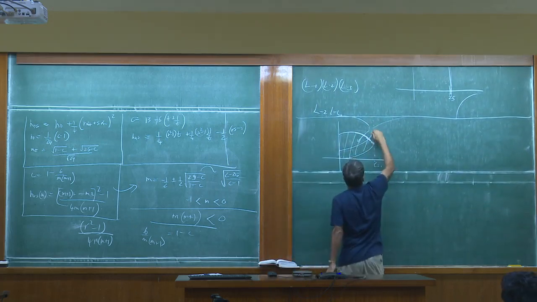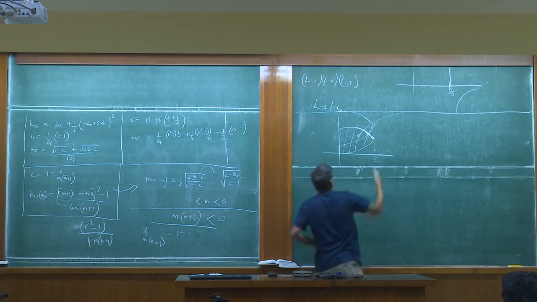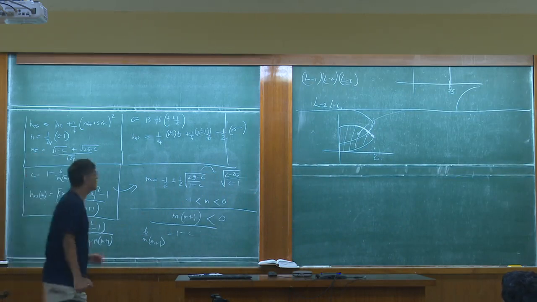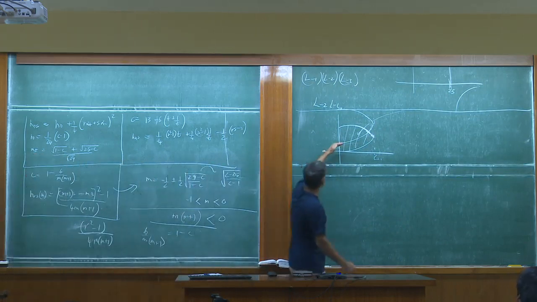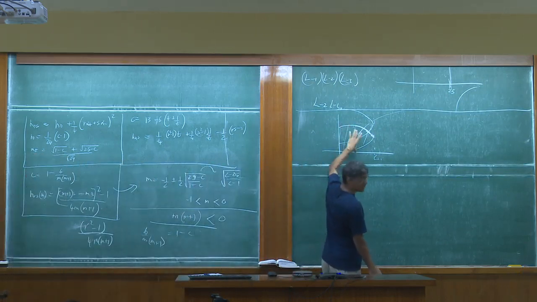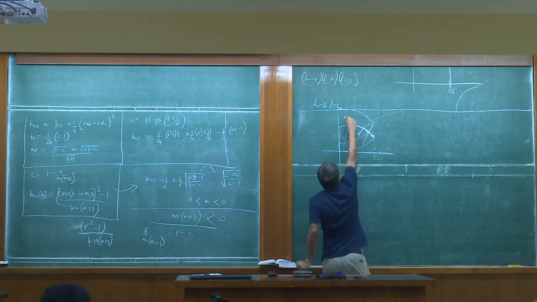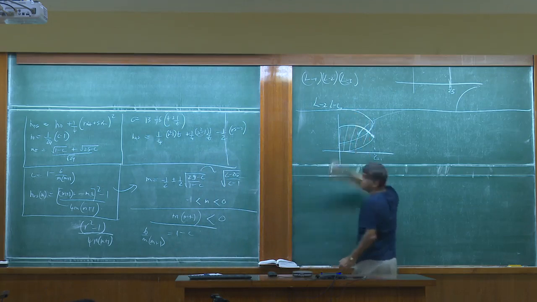It also touches c equals 1. All of these curves touch c equals 1. We'll see that at some point. It also intersects the path for (2,1), but covers some further region.